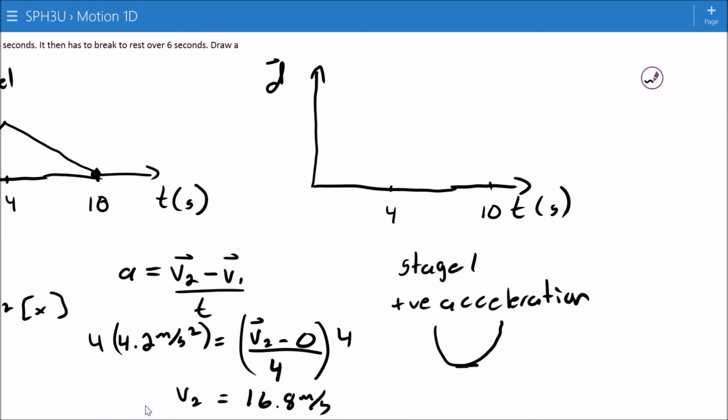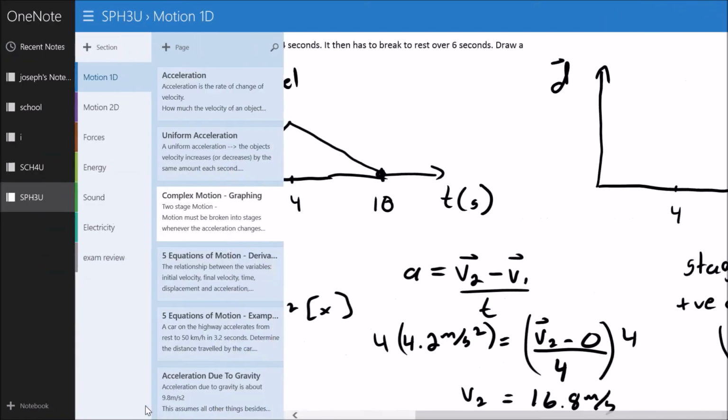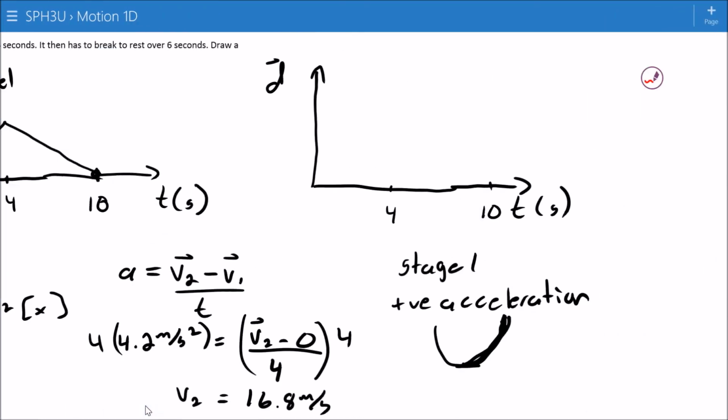Now it's starting from rest and it's speeding up, so it's this part of the quadratic right here that we're going to observe. So I'm going to put that on in red, and then I'll refer to this stage as red here. It goes up like that.